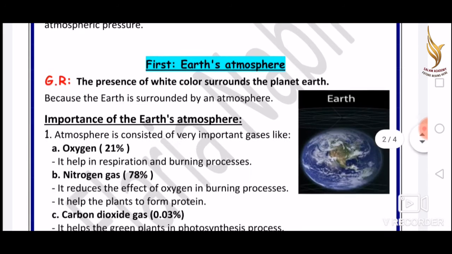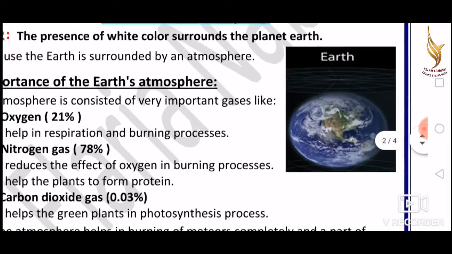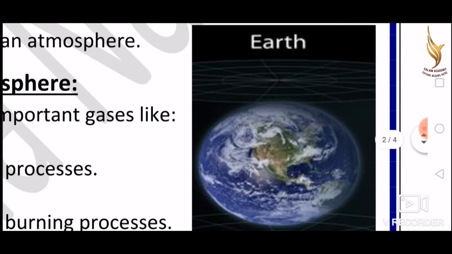Okay? First we talk about Earth's atmosphere. Earth is surrounded by the atmosphere, as it appears in this picture. It appears like a white color around the Earth.